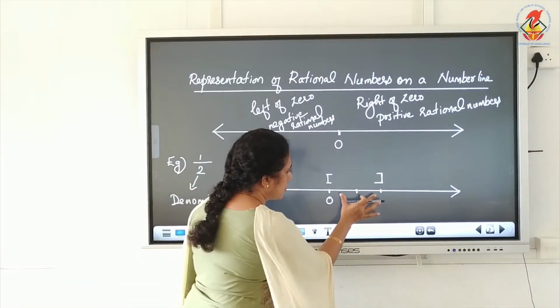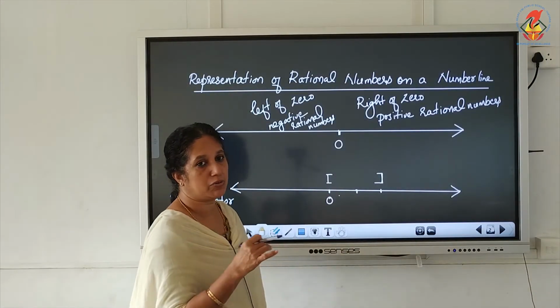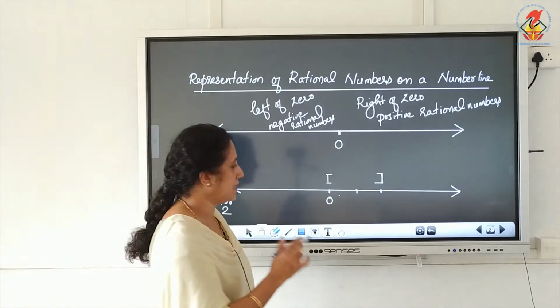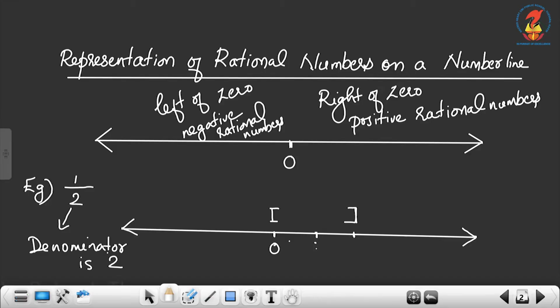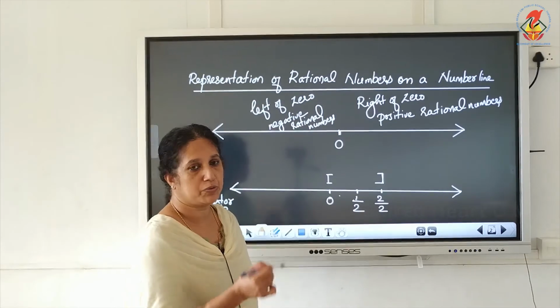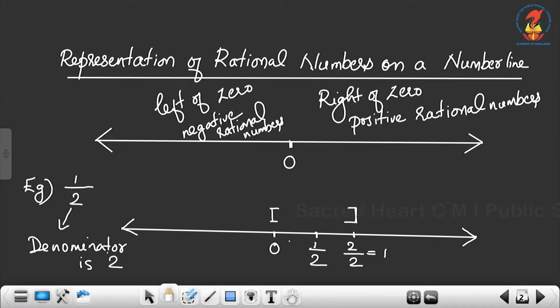This portion of the line is divided into how many equal parts? 2 equal parts. And the first part will represent 1 by 2. Out of 2 parts, it is the first part. And the second one will represent, out of 2 parts, the second part. So, we can write it as 2 by 2. And what is 2 by 2? 2 by 2 is equal to 1.